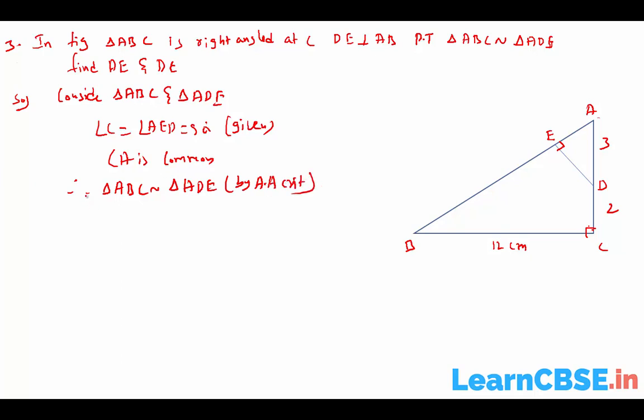Now we need to find DE. So first concentrate on DE, which is opposite to angle A. So DE by BC is equal to, so this is the angle here and this angle are equal.